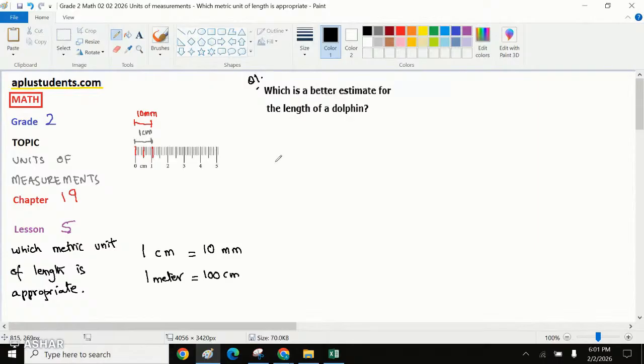We know that it cannot be millimeter. If we have three options, millimeter, centimeter, and meter, we know that the length of the dolphin cannot be millimeters, or in centimeters. This cannot be the size of the dolphin, right?